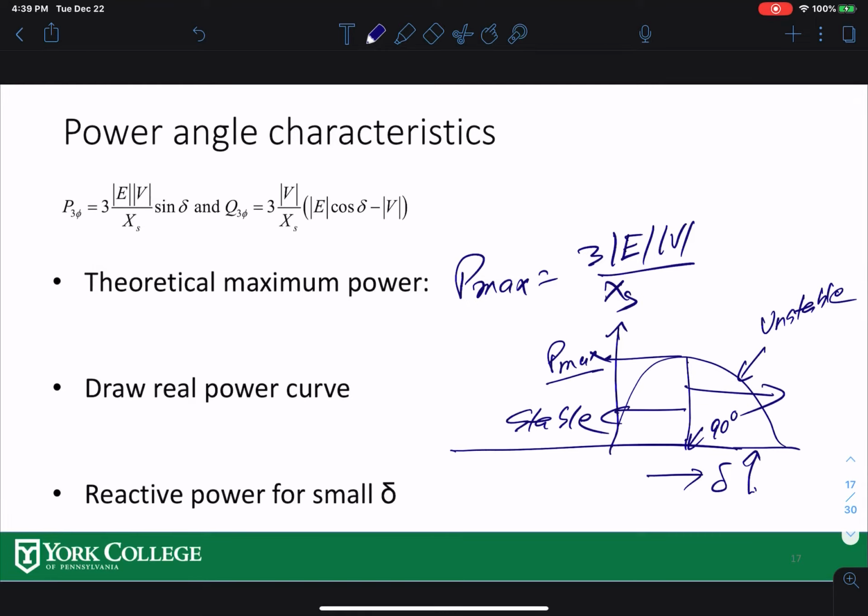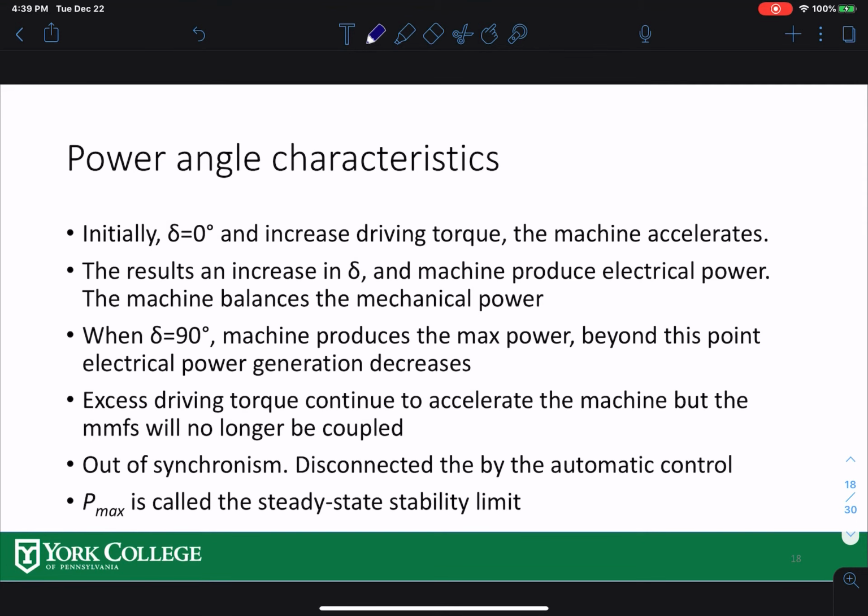So for the reactive power, when delta is small, you have 3V over X_S times (E minus V). Over here you can see that this will guide your reactive power flow. For lagging power factor, reactive power is supplied by the generator. For leading power factor, your generator is receiving the reactive power.